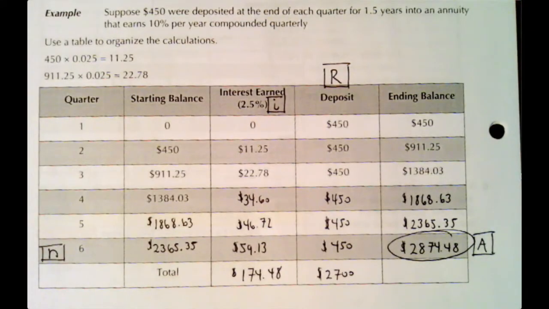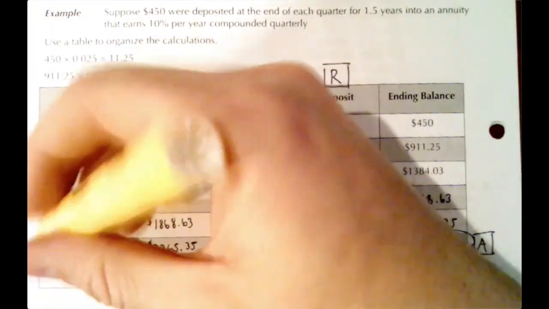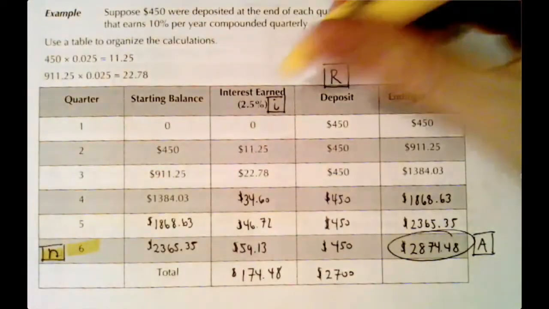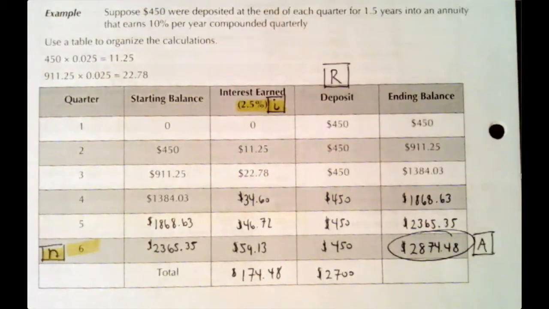So let's do a refresher here. N was 6, I 2.5, R 450, A $2,874.48. Let's keep those numbers in mind because we're going to use the equation now to verify this answer.